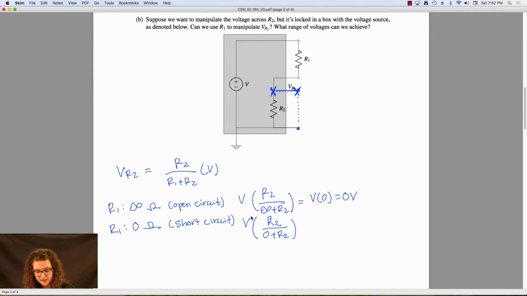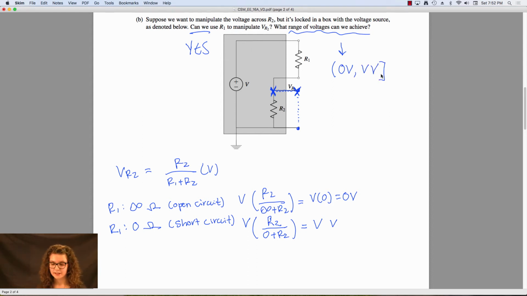So that's just going to be V times R2 over R2, which is V times 1, which is V volts. So we know this, so the answer is yes, we can use R1 to manipulate VR2, and the range of voltages is going to be 0 exclusive, but V volts inclusive of what we can achieve.